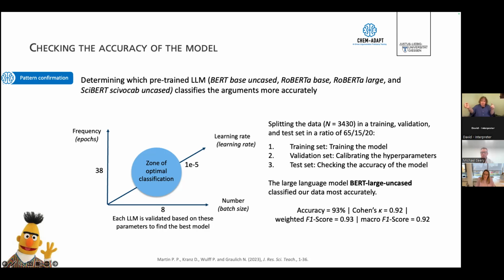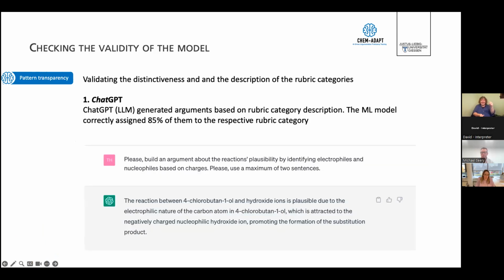So as I said, I want to talk also a little bit about pattern transparency, or what we also did to check how our model is actually working. So we used, for example, ChatGPT, and asked ChatGPT to build us arguments about the reaction's plausibility.